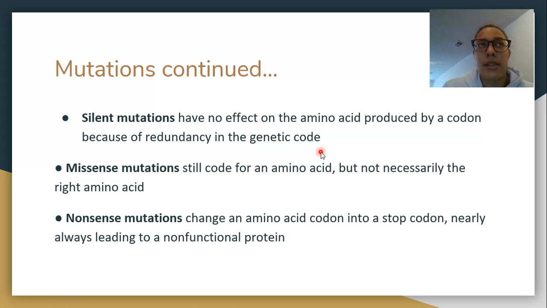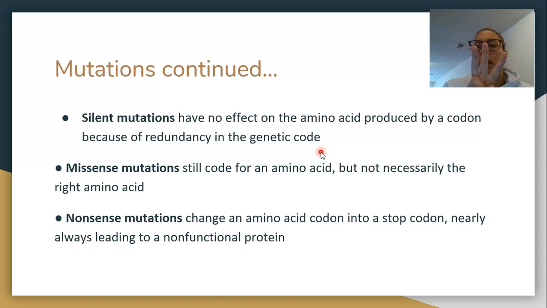And then a nonsense mutation is when a single base or multiple bases have been added or deleted from that growing chain, and it completely messes up the entire reading frame of that messenger RNA.